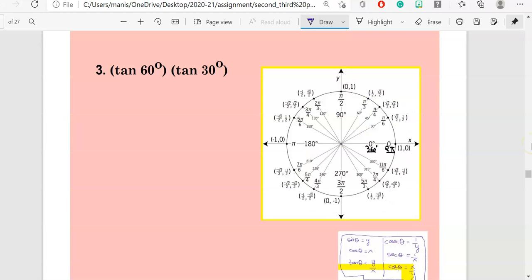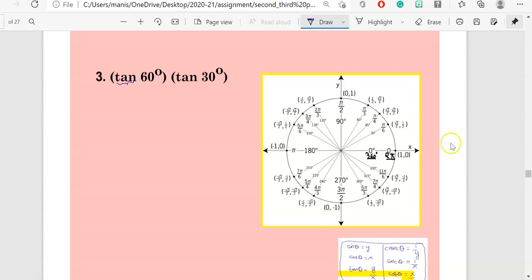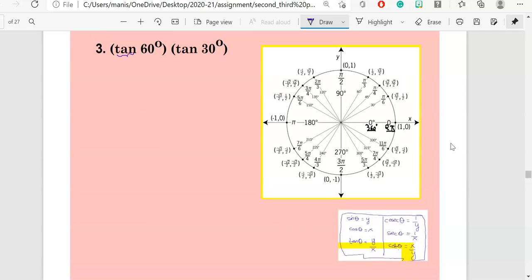This question says tangent 60 times tangent 30. Step number 1, look over here, this says tangent. So step number 1, we will look at our first chart over here. This is your first chart. So tangent, what is the formula?